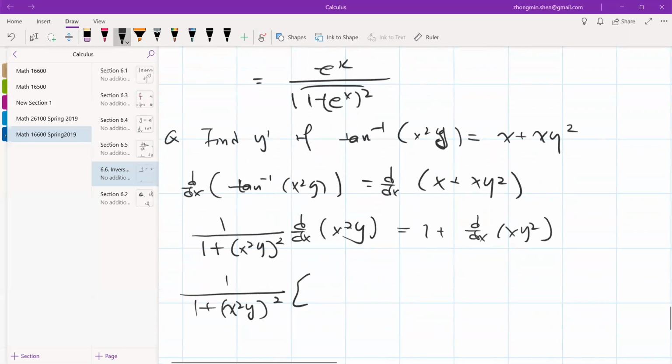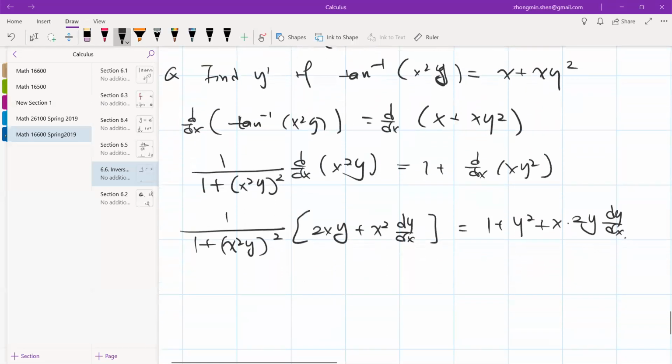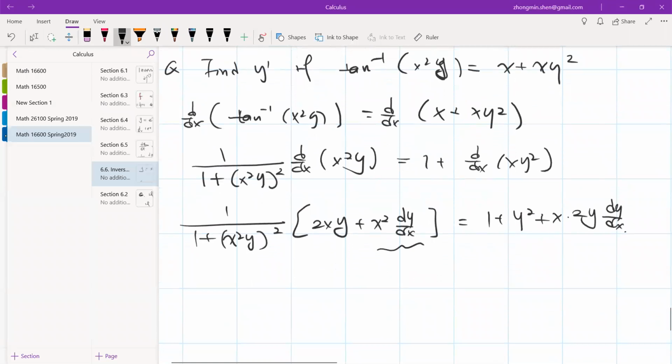The first part is 2xy, then x squared dy dx. And here it is 1 plus x squared plus x times y squared, which is 2y and dy dx. So there are 2 terms containing the derivative. A little bit complicated. We have to be careful.